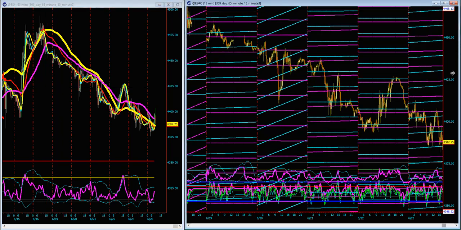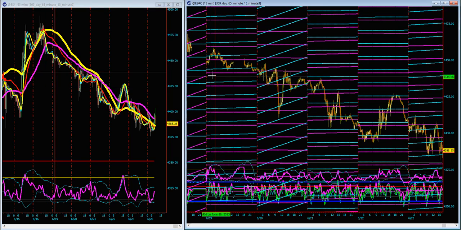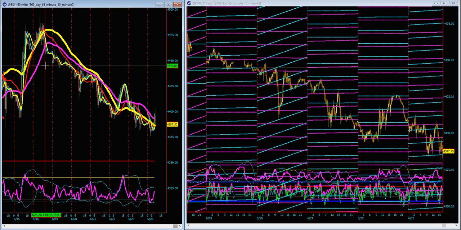So here we have a downtrend which started before that. This is the confirmation of the downtrend based on the trading rules. When all of these lines have been penetrated and we have a close below this, we have a downtrend based on the definition.